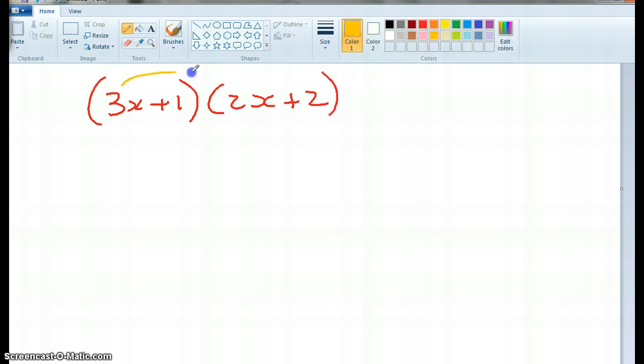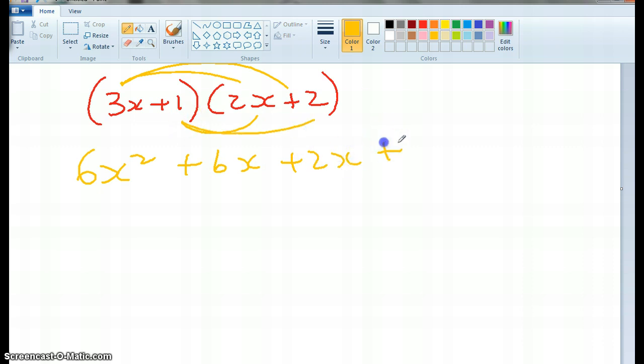So here, expanding, you'd get 6x squared plus 6x plus 2x plus 2. So that's 6x squared plus 8x plus 2. I've given a very bad example.